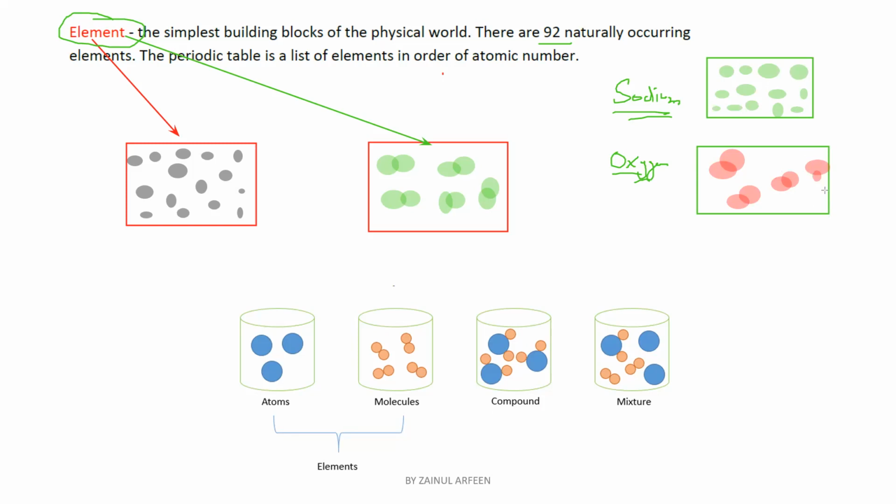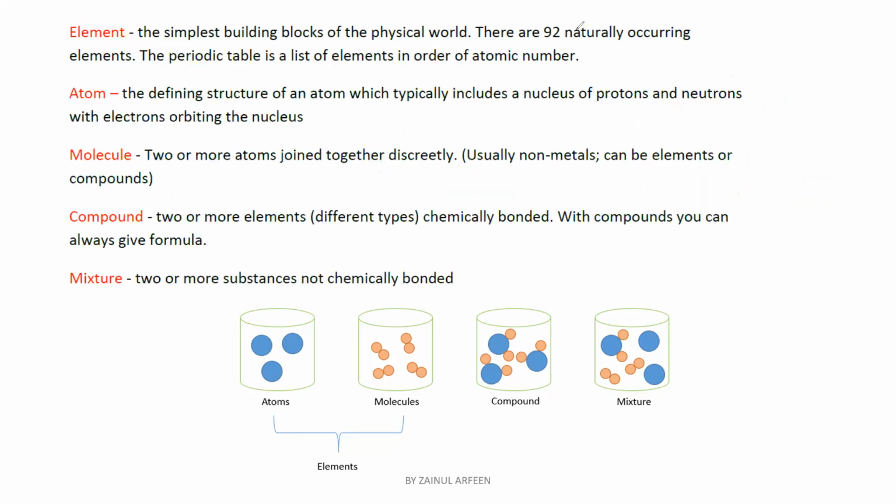So identical atoms join together to form a molecule, and because all are identical, the same atoms, it is also an element. Is the concept of element clear? So a basic substance in which all the atoms are identical, all the atoms are the same, we call an element.